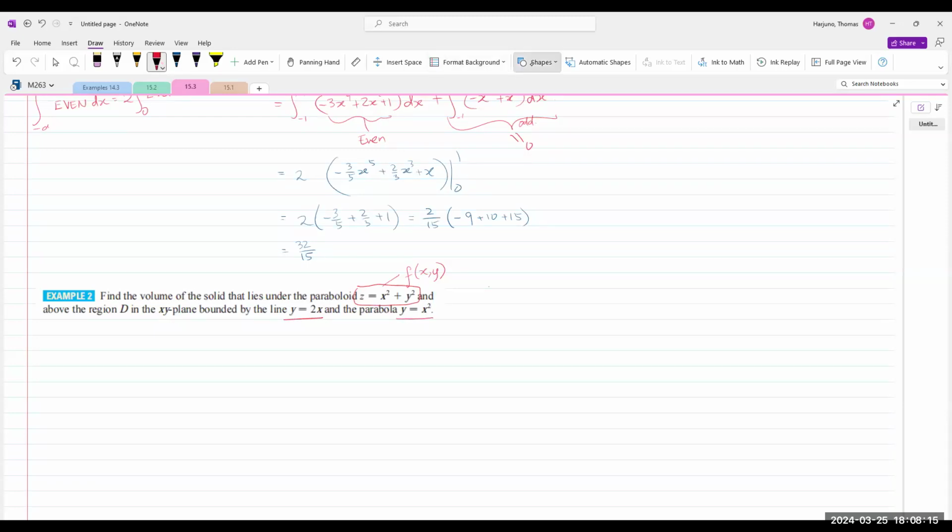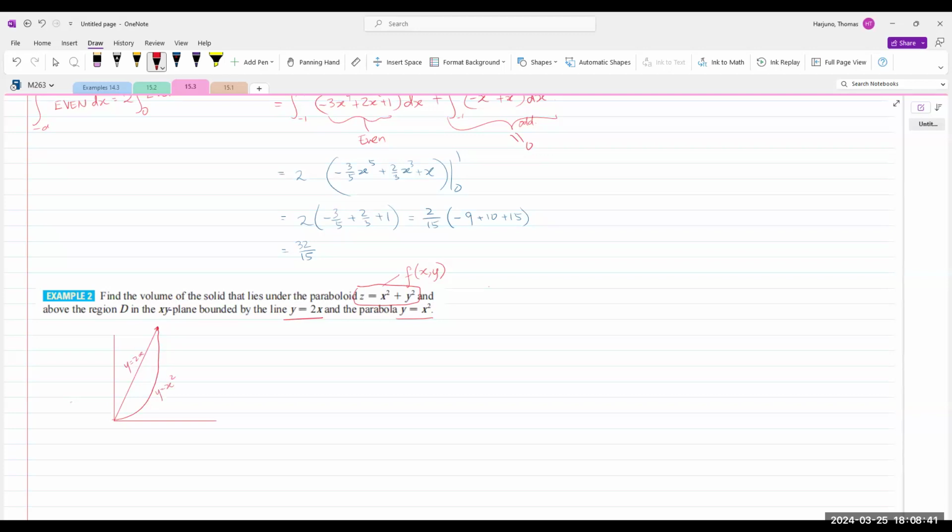That's a line; y equals 2x means the slope is 2. Let's say approximately like this. And y equals x squared looks something like this. Okay, so this is y equals 2x and y equals x squared.